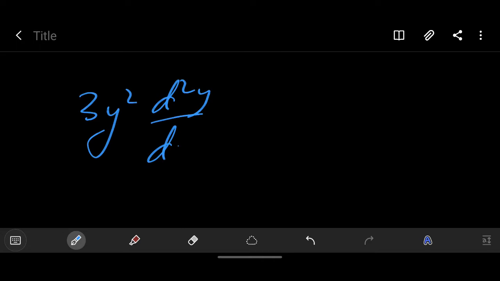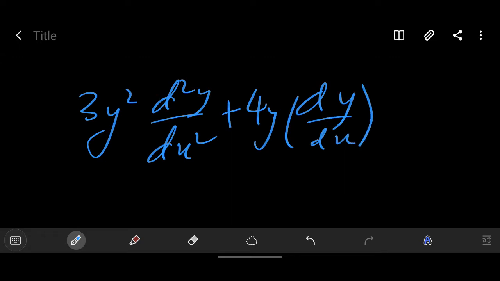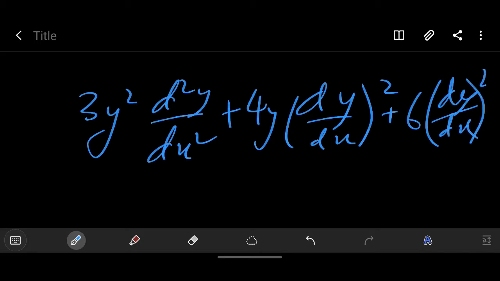Suppose we have this equation: 3y squared d squared y by dx squared plus 4y times dy by dx whole squared plus 6 dy by dx whole squared is equal to x squared plus c.